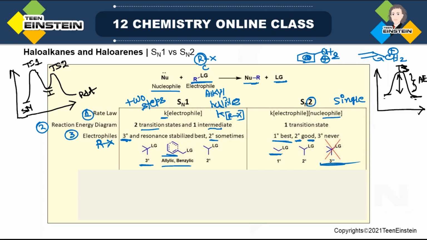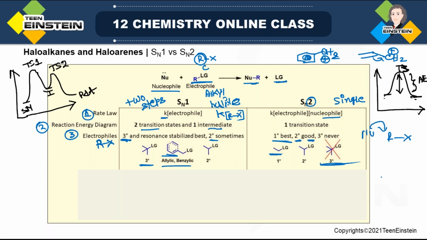Because see, when it is 3 degree, steric hindrance is very high. And why do we consider steric hindrance mostly in SN2? Because in SN2, as it is a single step reaction, the halogen is still attached to R, and under this condition the nucleophile is attacking from the back side.